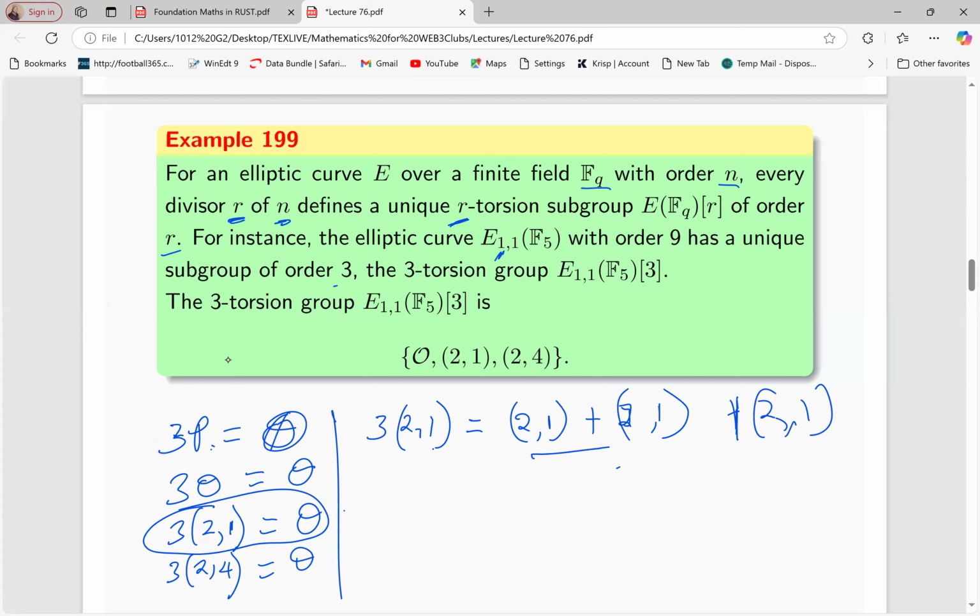First of all, you add this, and you know the formula for adding. These are the same points, so it's like getting 2P. When the points are the same, we had our formulas for doing that. We had our formula for getting the gradient S.